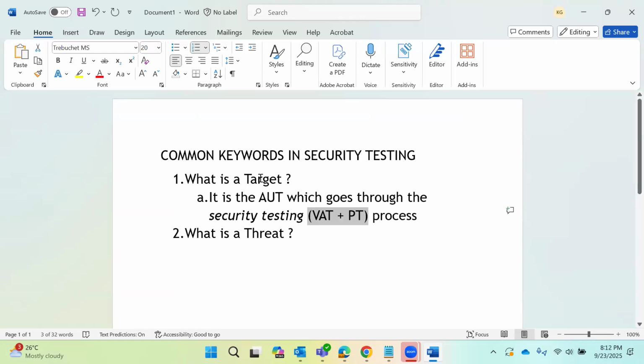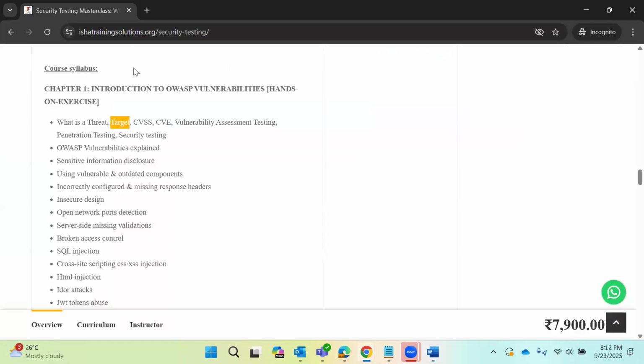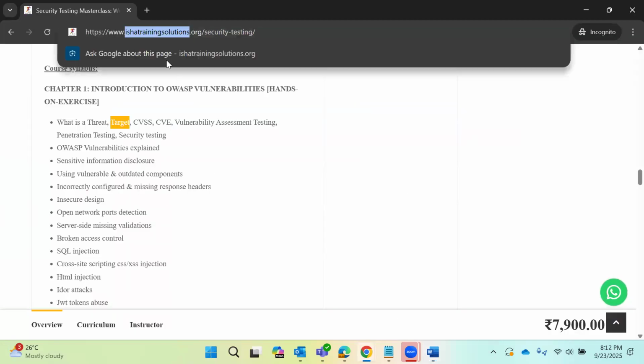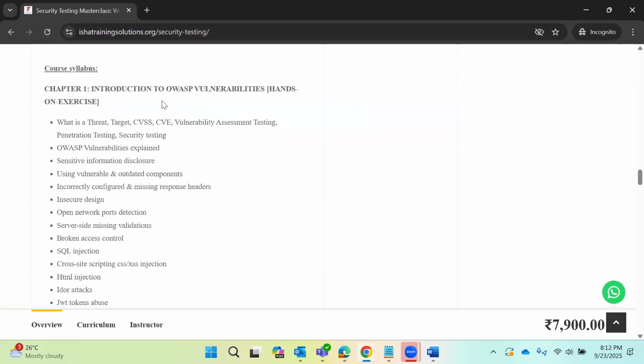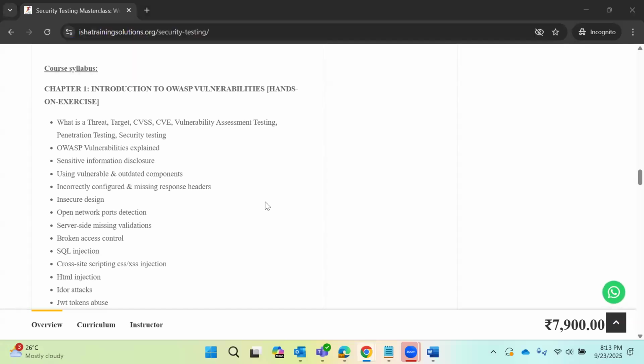So when I say, this is the application I'm taking to find the security bugs in, that application is my target. I see this website, ishatrainingsolutions.org, and I know the problems in this website from a security perspective. So this website becomes my target. Target is the application that you have taken for security testing.